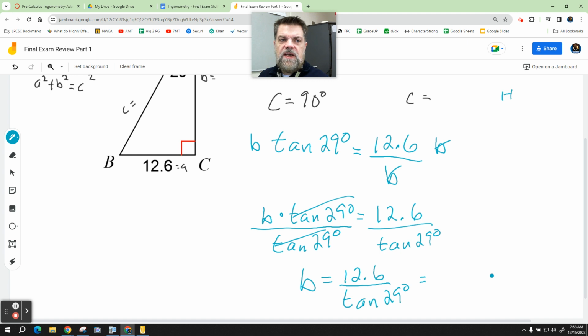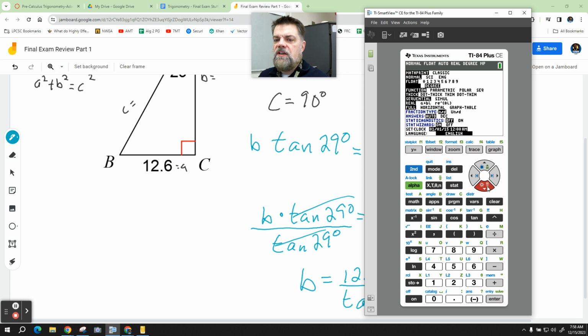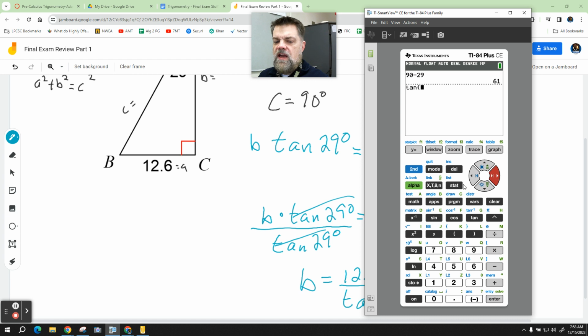So let's figure out what that is. I turn on my handy-dandy calculator, and I'm going to say tangent. Oh, wait. Am I in degree mode? Yeah, because we were working on these problems yesterday. See how that says degree up there? If I wasn't, I'd hit mode, go down here, highlight degree, and hit enter. But anyways, I am in degree mode.